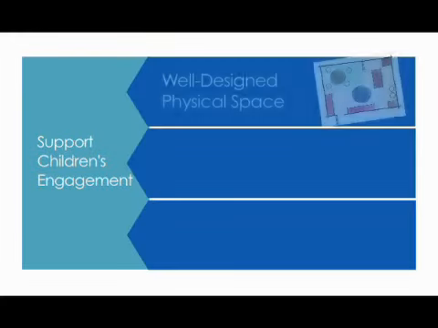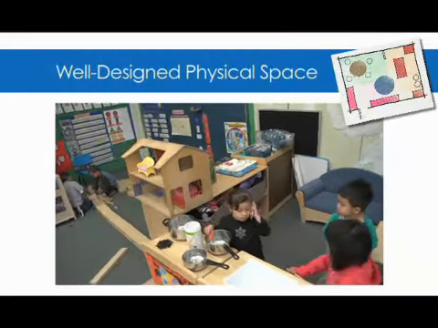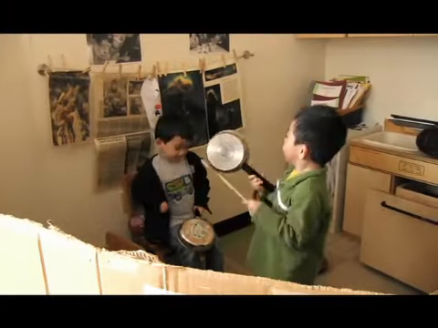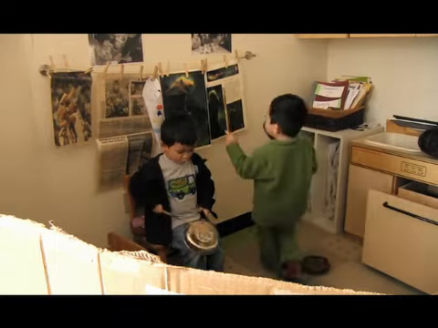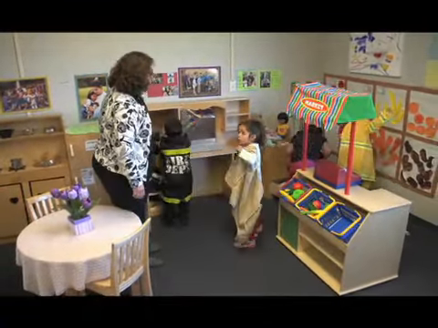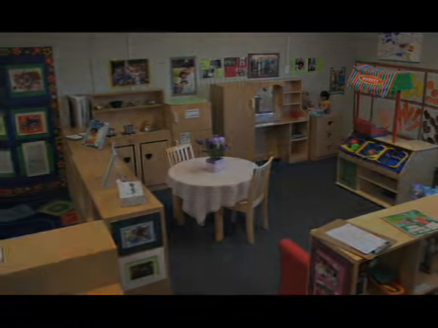Here are a few things to think about when designing your space and making it as workable as possible. Think about the number of interest areas or centers that you want or need for the group of children. Arrange the space so that noisy areas are separated from quiet areas. Locate centers next to needed storage or equipment. Use furniture or other items to provide boundaries.